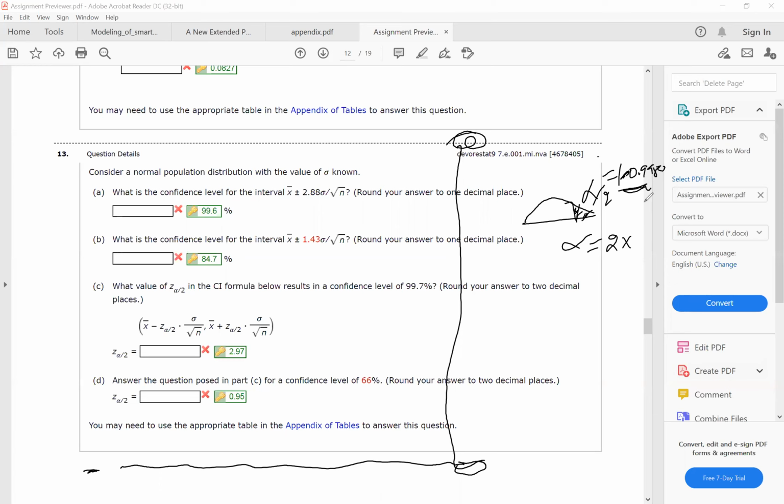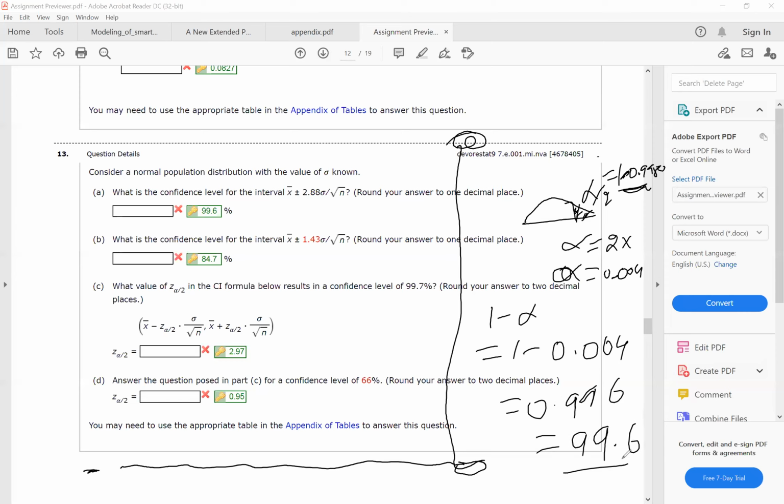If you calculate this, you will find alpha is equal to, I think, 0.004. Since alpha is 0.004, the confidence level will be 1 minus alpha, that means 1 minus 0.004, which is 0.996. So the confidence level is 99.6%.